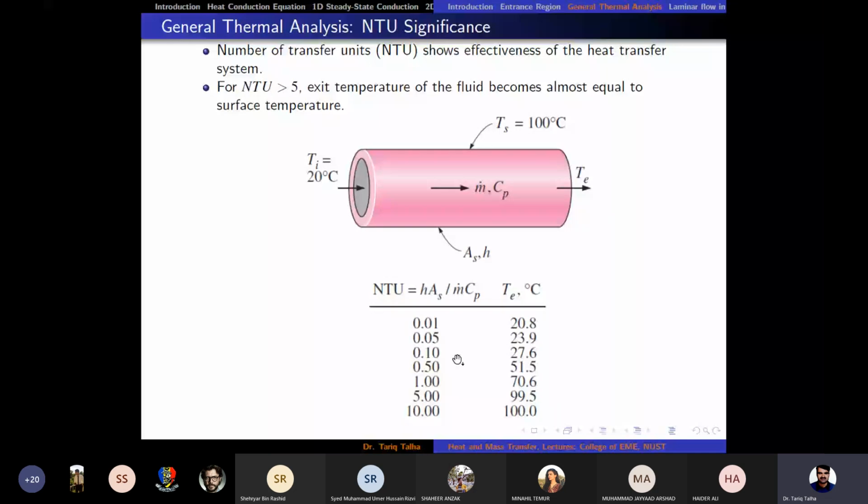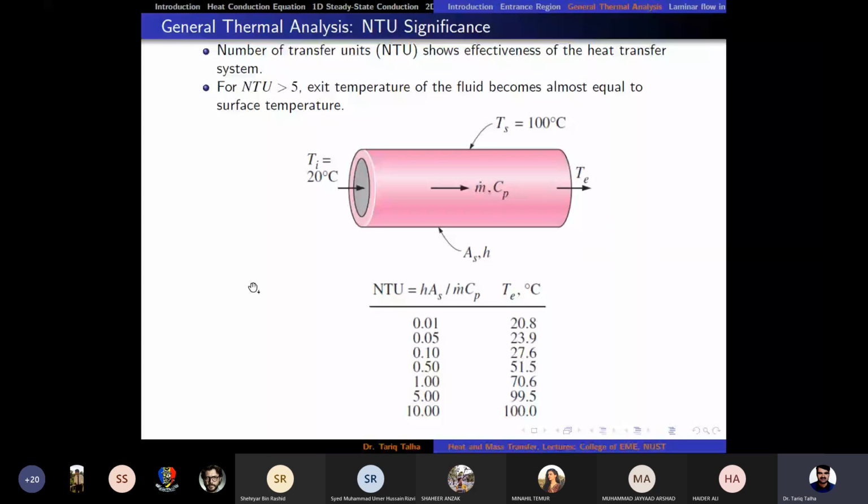If the NTU value is 0.01, then the Te value would be 20.8. But if we increase the NTU value to 0.05, you can see that the temperature has increased by 3 degrees, right? So it is still less than 100.